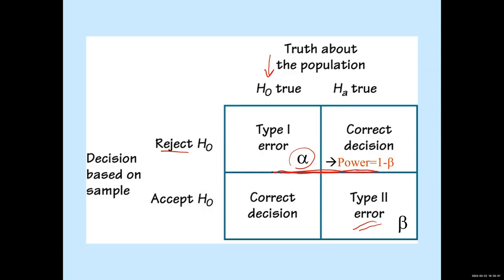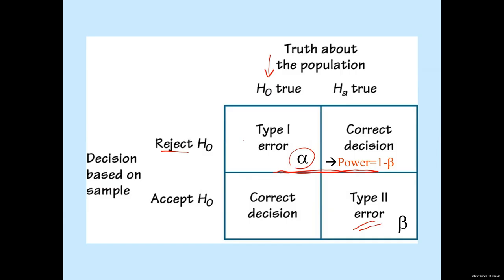So if H0 is really true, and we take a test and it tells us that we should reject the null hypothesis, but we really don't have the disease, that is a false positive. We're really not sick, but we got a positive result on the test. If we make the other kind of mistake, we are actually sick, but the test tells us we don't have the disease, then that's a false negative.